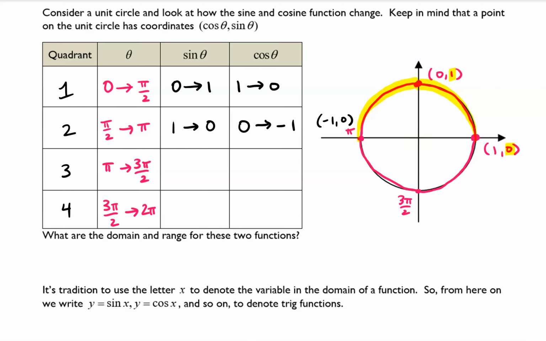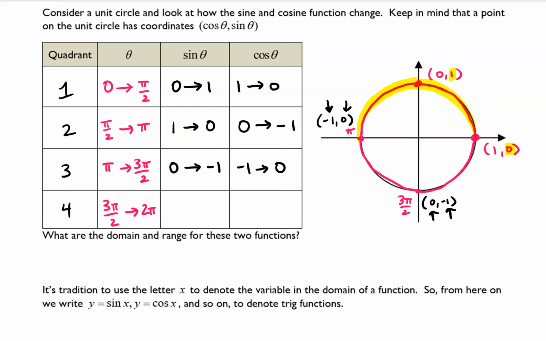All right. Now, let's look at quadrant 3. For 3 pi over 2, that terminal point is 0, -1. For the y values, we are starting with 0 and going towards a y value of -1. And the x value is starting at -1 and going towards 0.